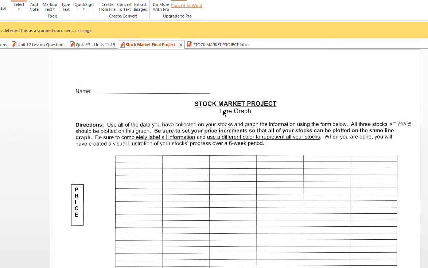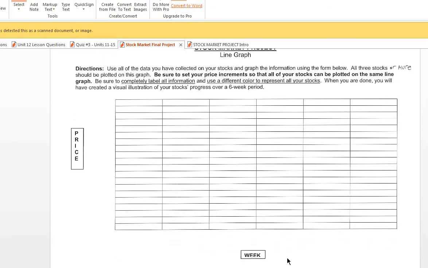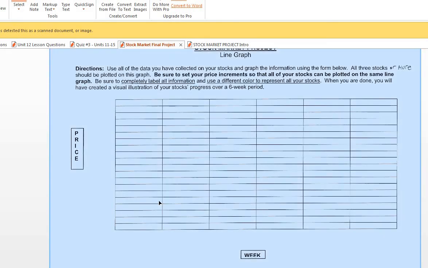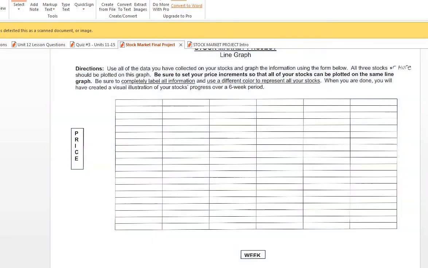Okay, so once you have your gain or loss, the project continues on to this line graph. And what you're doing on this line graph is you're putting 1, 2, 3, 4 weeks and the price. So say you have some stocks that are worth $1 and some stocks are worth 100. You'll make sure that each of these units are enough that you can get up from that lowest low to that highest high, and you will track all four at least.